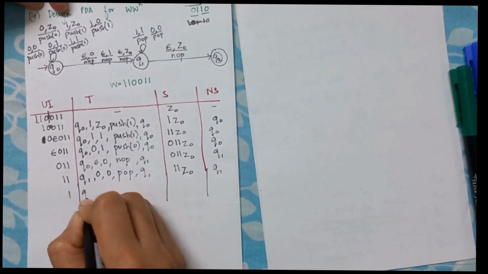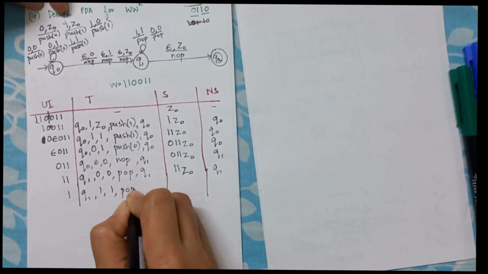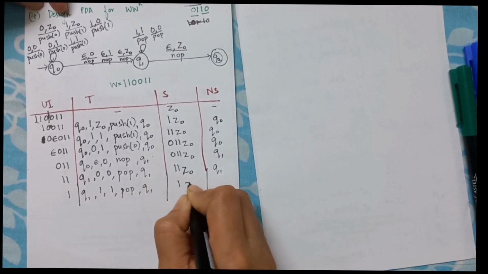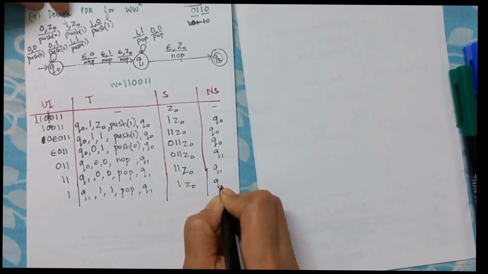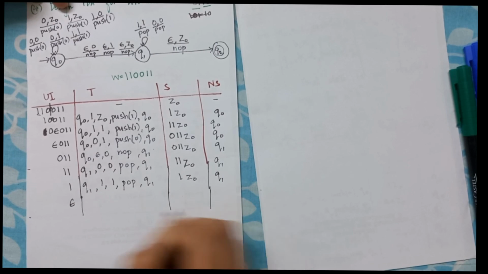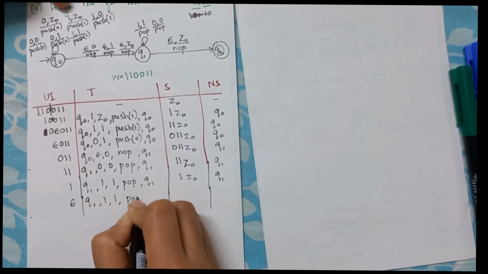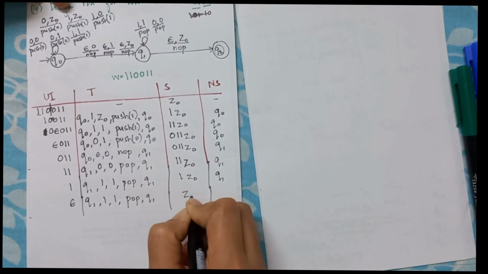Similarly 1, Q1 here, 1 is the stack top, I pop. So I get 1 as the stack top. Q1 with 1, 1 as the stack top, pop. So I am left only with Z0.